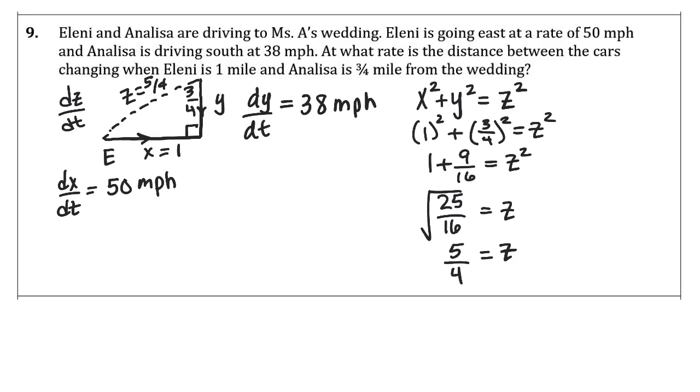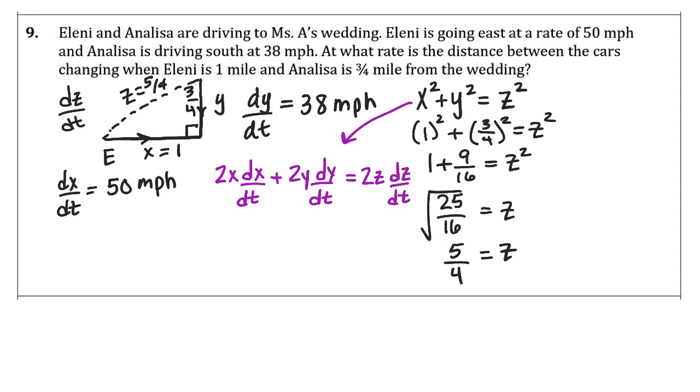So we also need our Pythagorean theorem, and we need to do the derivative of it. We pull this down over here and do the derivative. We're going to have 2x dx/dt plus 2y dy/dt equals 2z dz/dt, and that's what we're looking for.